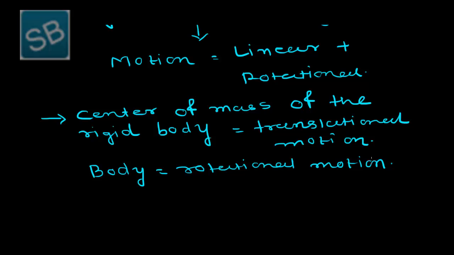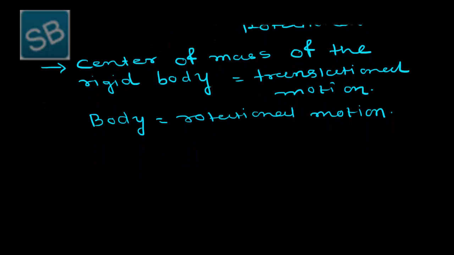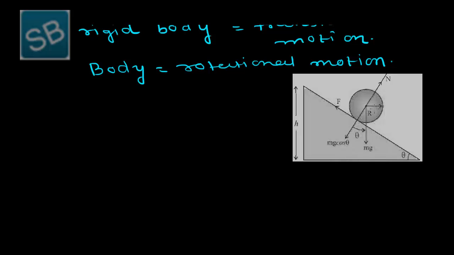So such kind of motion can be explained with the figure which I am going to give you. So here the rigid body is shown, which is rolling on the surface without slipping. Now, as we have discussed, this kind of motion is the combination of two. So here both the motions can be studied independently. So let's try to study each kind of motion.